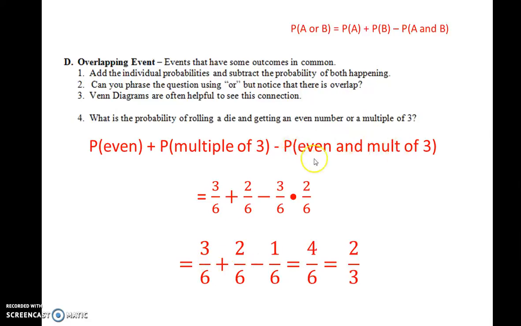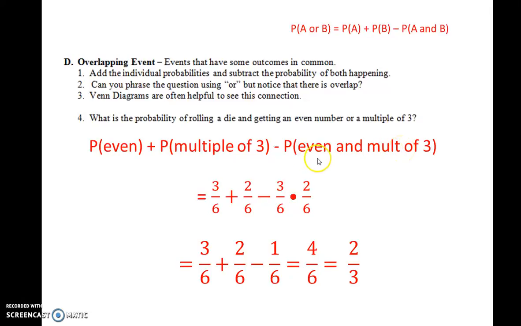Now, to answer this question, you certainly could say, well, if it's going to be even and a multiple of 3, I know that 6 is the only option. The number 6. Out of 6 total options, you could get this 1/6 right here right away if you wanted to. I just wanted to show you that if you think of doing this sort of notation the way that we did in part B, that you would be multiplying these 2 probabilities together, the probability that it's even and then the probability that it's a multiple of 3.